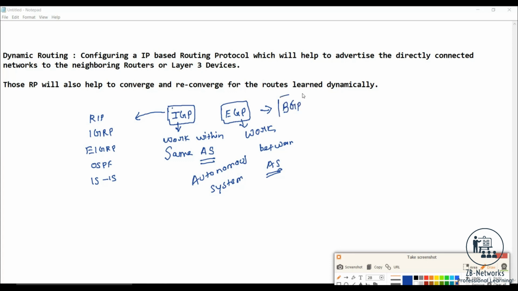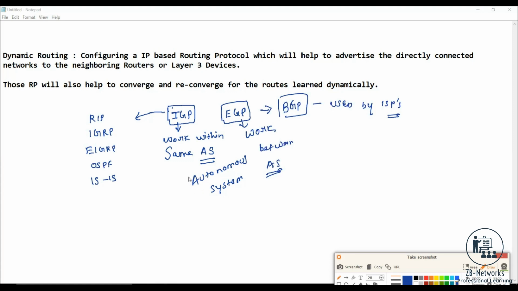And this protocol is generally used by the ISPs. Okay, it can be used on the customer side as well, but it is a must protocol for the ISPs. It's a protocol which will help you to route your internet addresses. We'll discuss BGP overview later in your course.